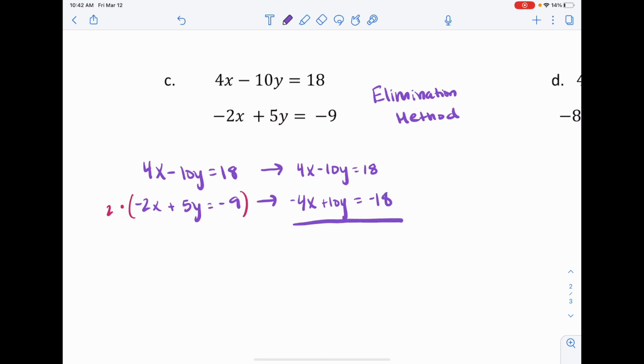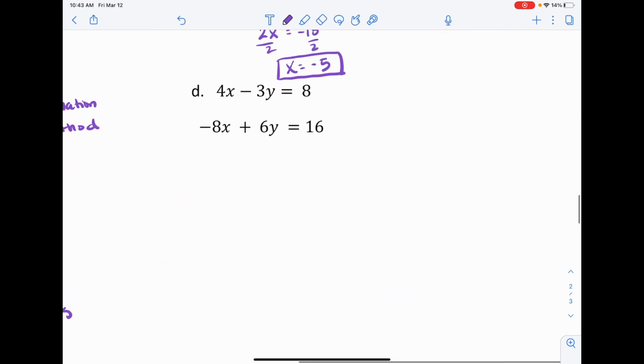Interesting. You guys see when I add these all together, do you see how everything cancels? Interesting. So what that means is that 0 equals 0. This means that they are the same line, which means there are infinite solutions.